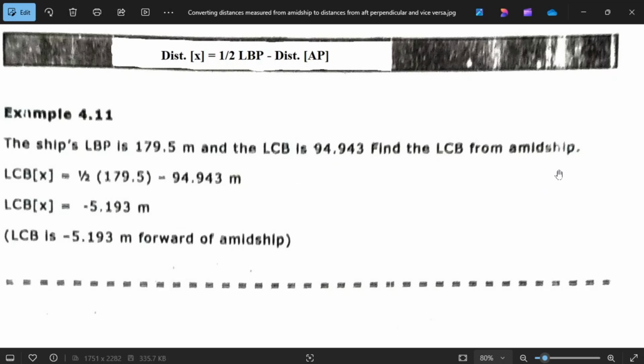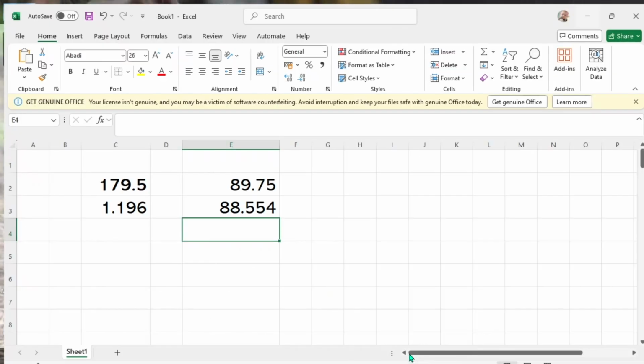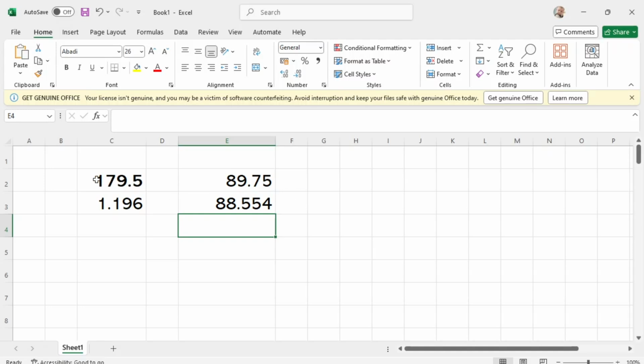Find the LCB from amidship. This is your LCB, 94.94 from up. Okay, and find the LCB from amidship. So your 1/2 of 179.5 again.